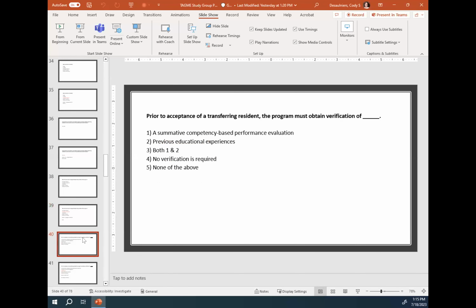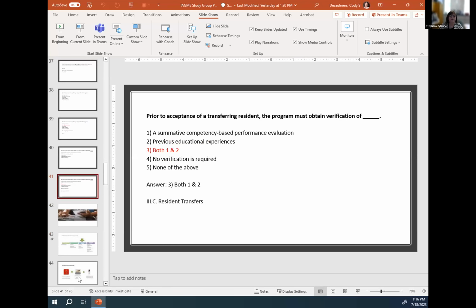Prior to acceptance of a transferring resident, the program must obtain verification of a summative competency-based performance evaluation, previous educational experiences, both 1 and 2, or no verification is required, or none of the above. Both 1 and 2. Resident transfers.